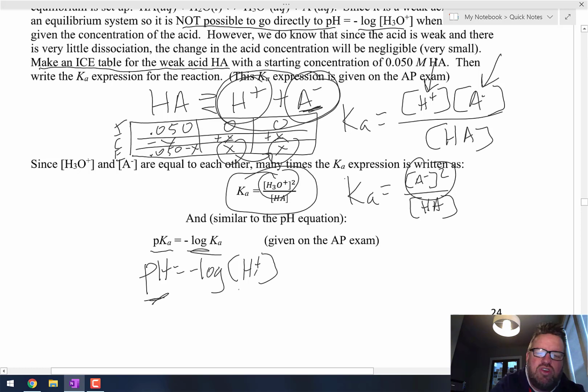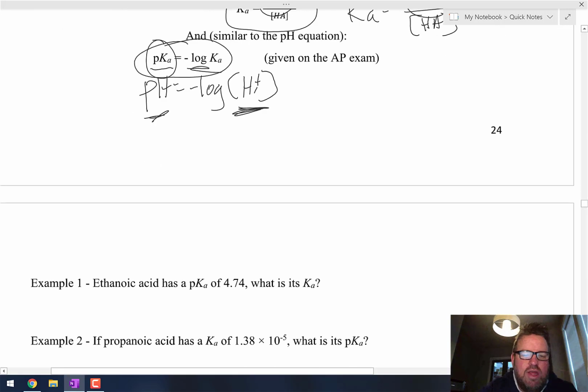Because hydrogen ion concentrations are typically really small numbers, and pH gives us a more normal size value. Same with pKa as well. A lot of times these Kas are really, really small numbers, and so by taking the negative log of those numbers, we get a pKa, which is just a more normal looking number.